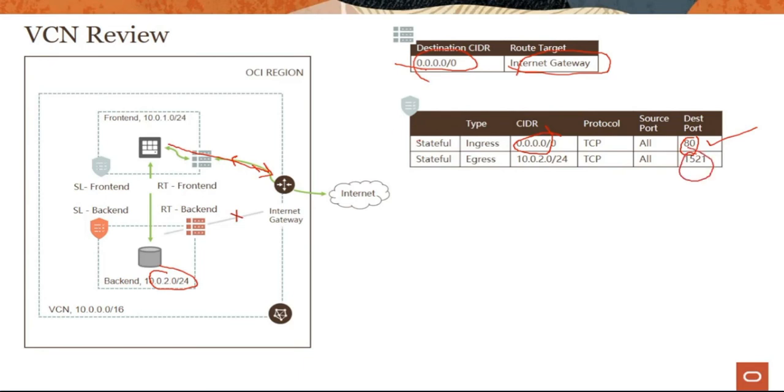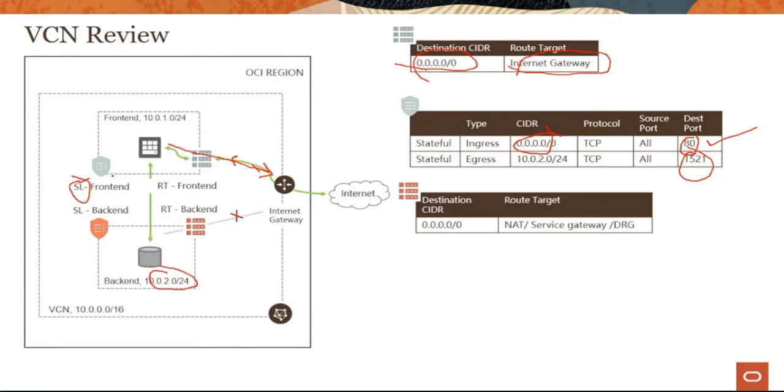Now, one thing you would notice here, I'm still using security list, but you could have used a network security group here, right? There's no requirement which says you just have to use security list. Now, in case of the backend, again, I'm saying traffic going to all IP addresses, any IP address can go to a NAT, can go to a service gateway, or even can go to a DRG.